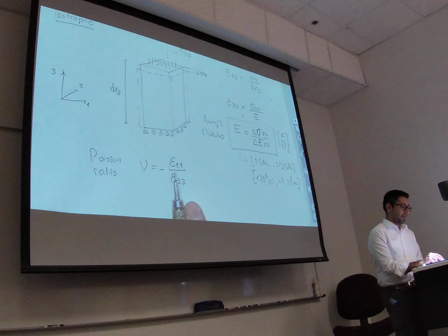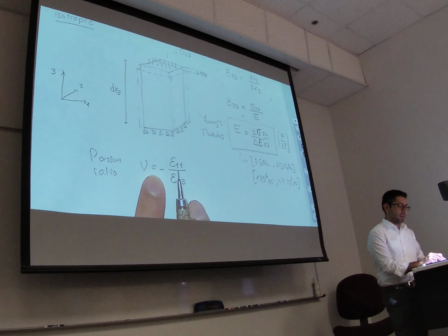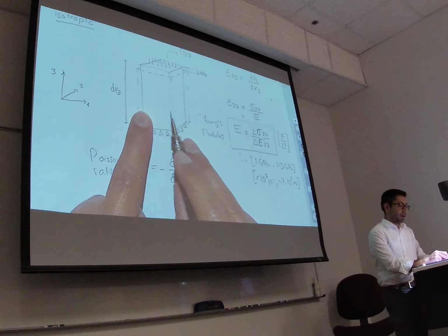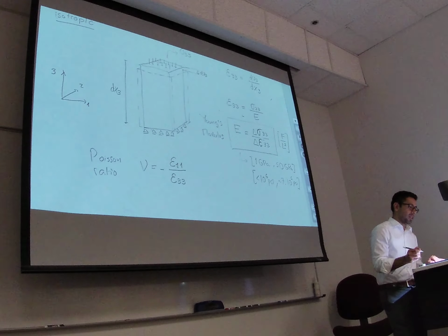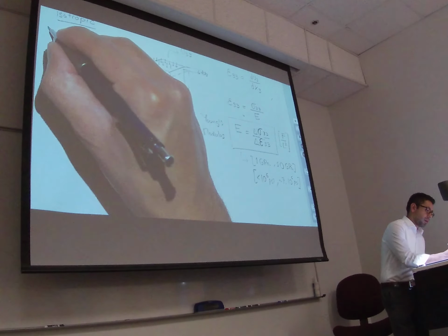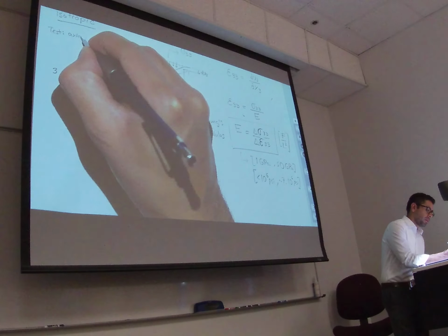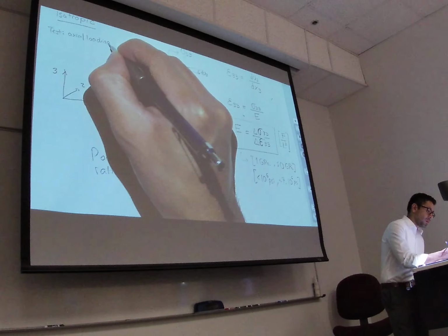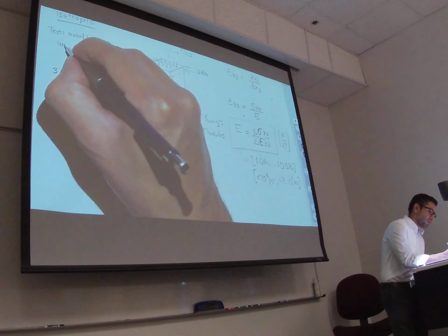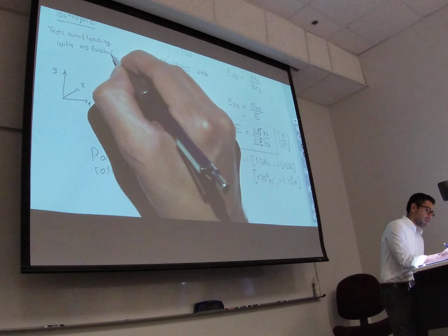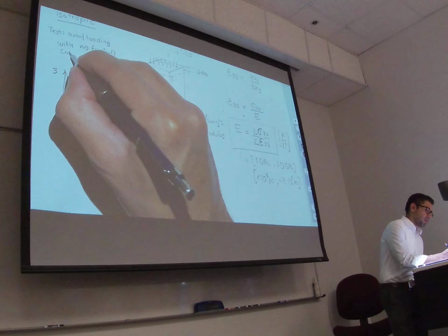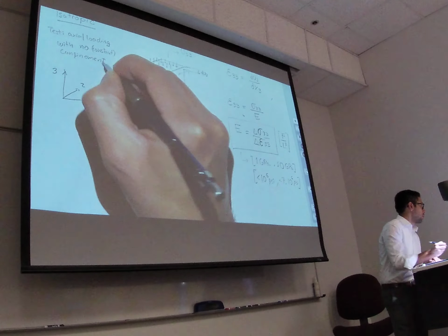And the value of the Poisson ratio is going to be negative the ratio between the strain in the direction perpendicular to the load divided by the strain in the direction parallel to the load for this type of test, which is axial loading with no, or we're going to see later on, which is the same to say constant confinement.